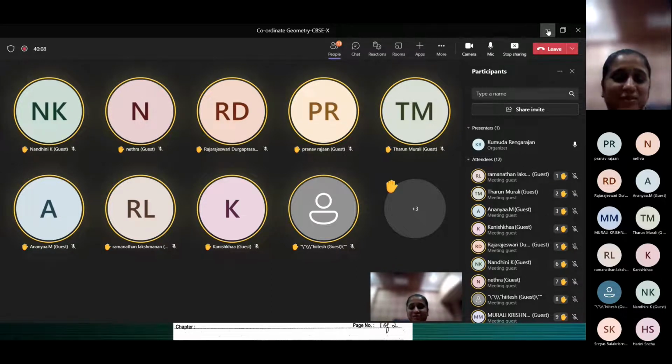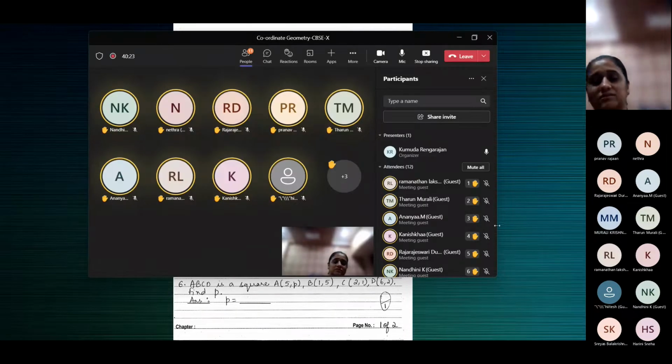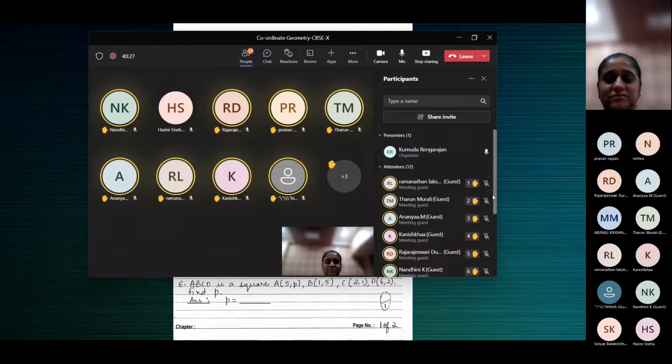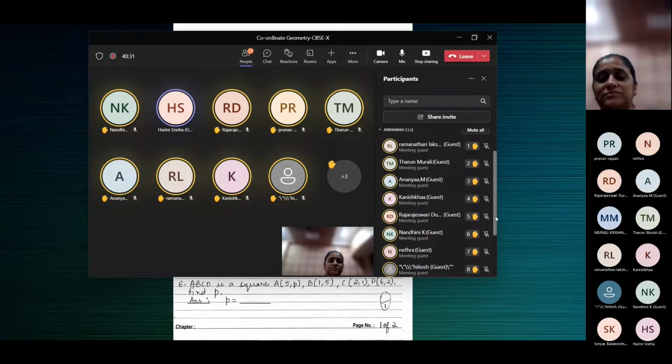And I still can see only the initials K, R, L, A, N, K, N, R, D, P, R, T, M. Okay, now what is the answer to this one? How many of you got the second one? Ma'am, me. Ananya got it? Ramnathan, did you get the second one?